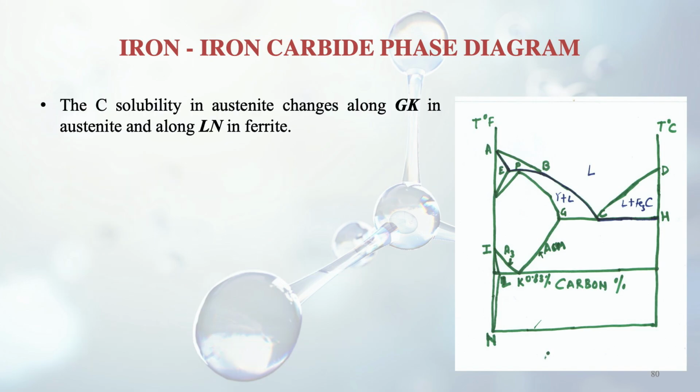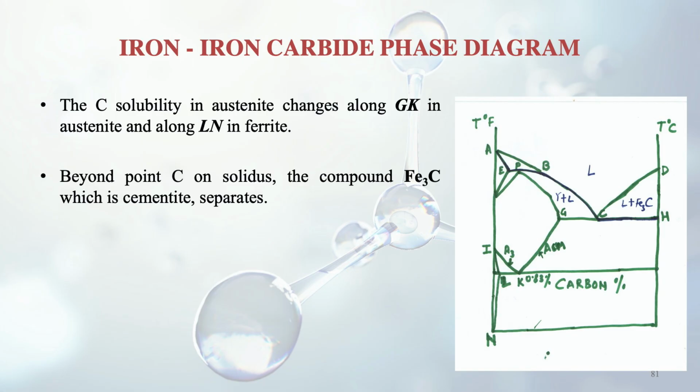The carbon solubility in austenite changes along GK. So there is a line you can see in the graph, GK, along which the carbon solubility is varying in the austenite phase, and along LN in the ferrite. LN is also marked in the figure. So the solubility of carbon varies along this line LN in case of the ferrite structure.